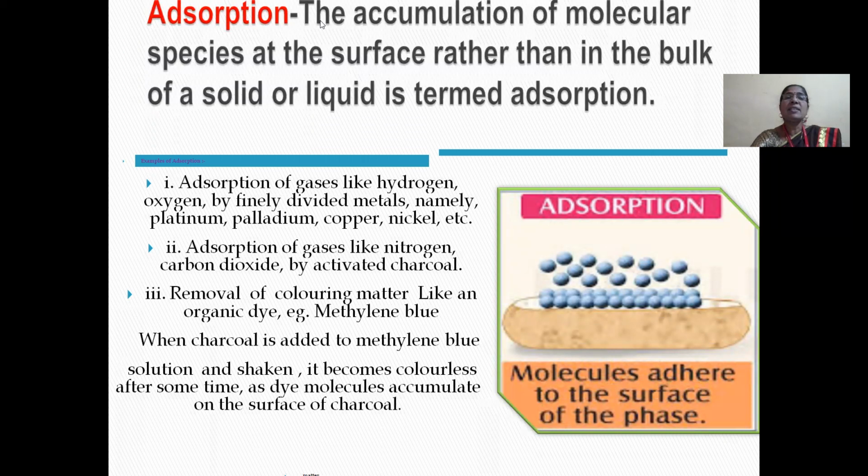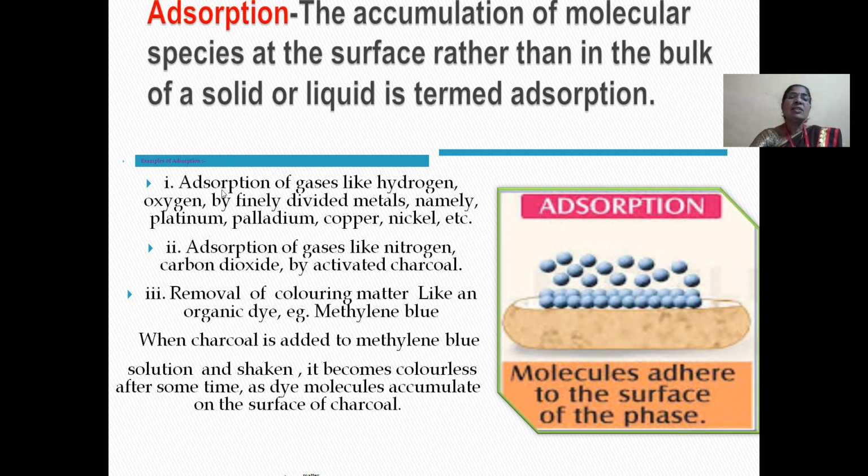So, adsorption is nothing but the accumulation of molecules at the surface rather than in the bulk of a solid or liquid. Or another definition: the phenomenon of accumulation of a higher concentration of one substance on the surface of another than in the bulk is called adsorption.